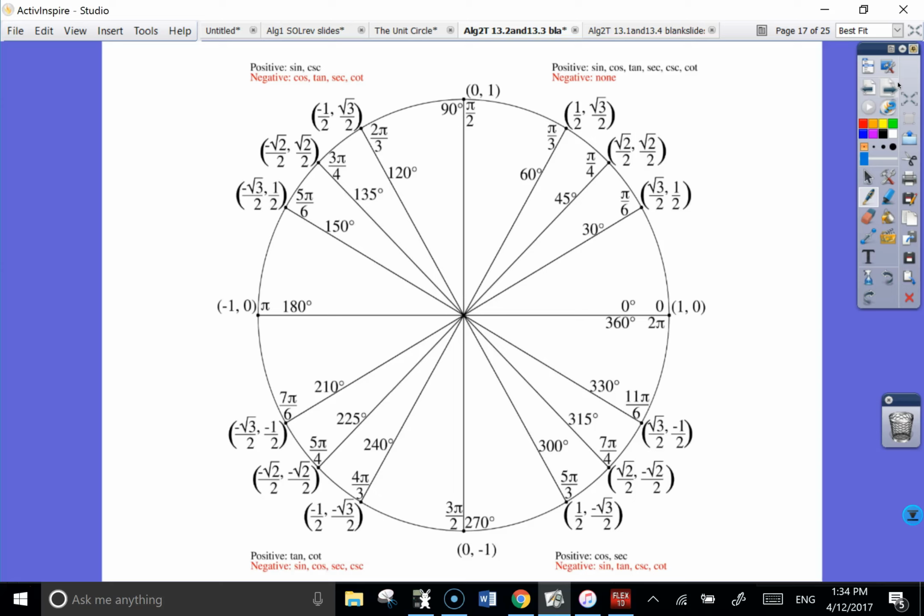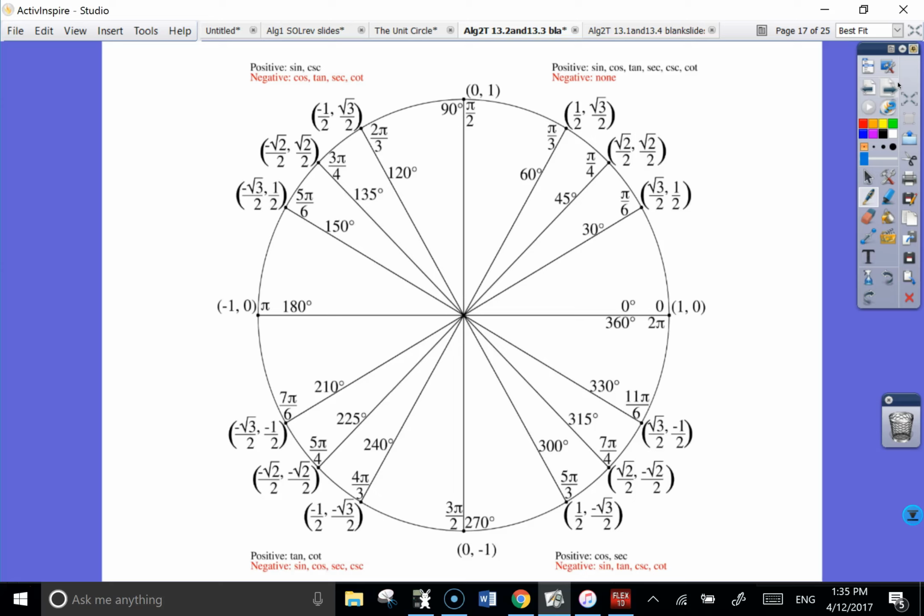Right? In the third quadrant, both x and y are negative. So that means the sine is negative, the cosine is negative, the secant is negative, the cosecant is negative, because those are just the flips of the sine and the cosine. But the tangent is the y divided by the x. That's a negative divided by a negative. That's a positive.